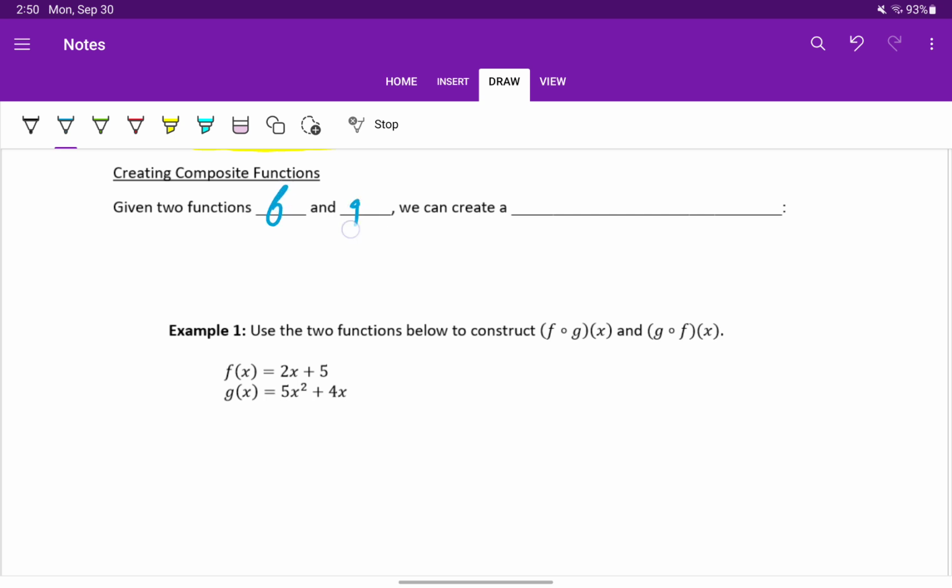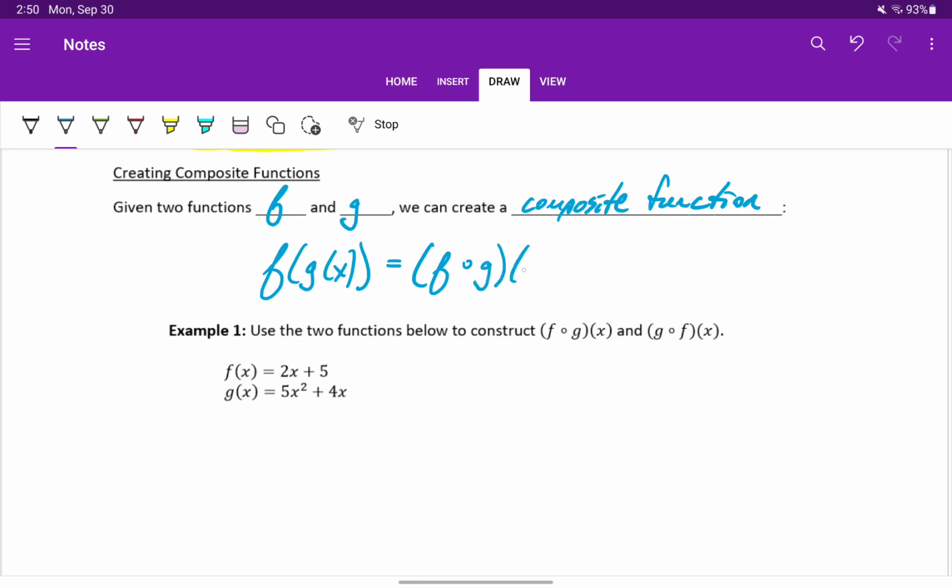Given two functions, f and g, we can create what we refer to as a composite function and notate as f of g of x, or this different notation, f open circle g of x. We have two different notations here that mean exactly the same thing.